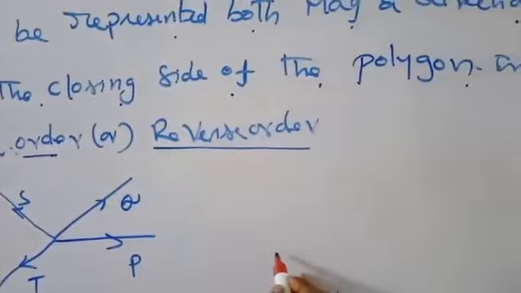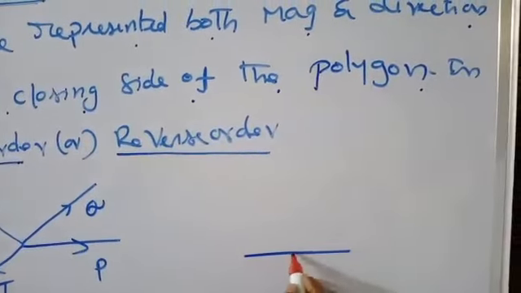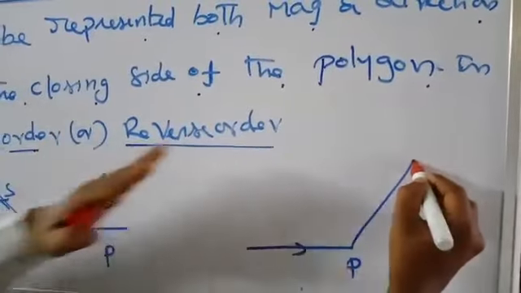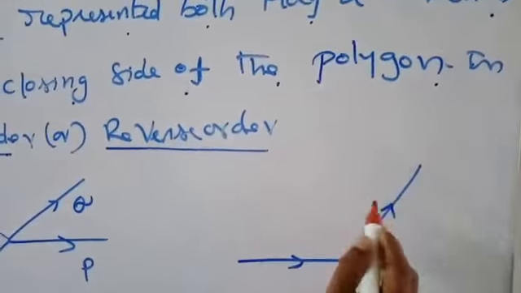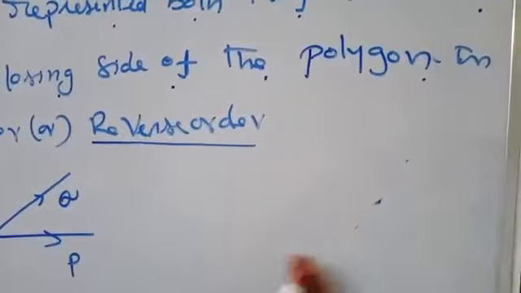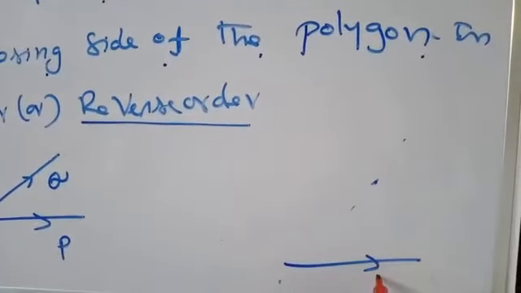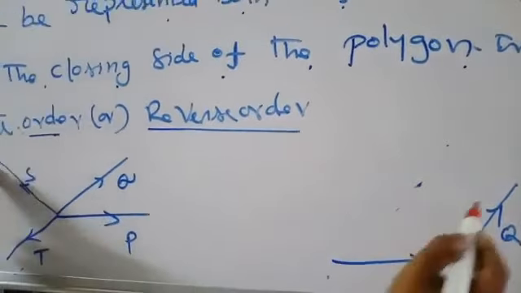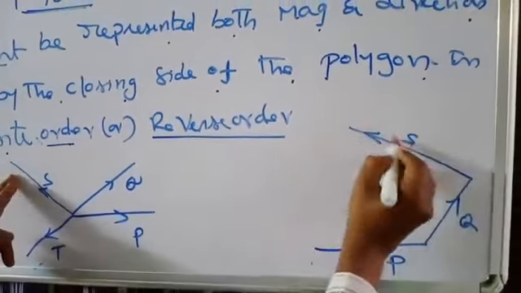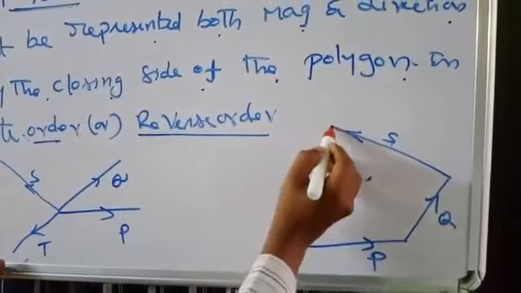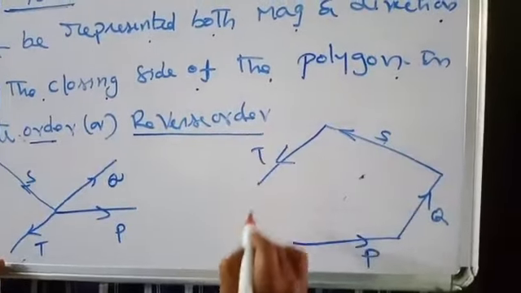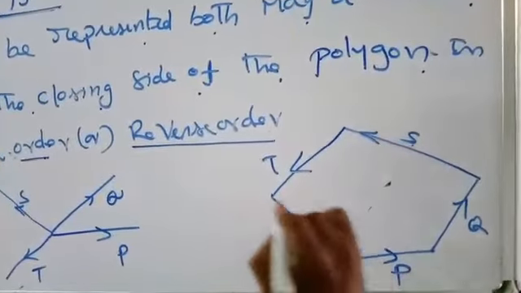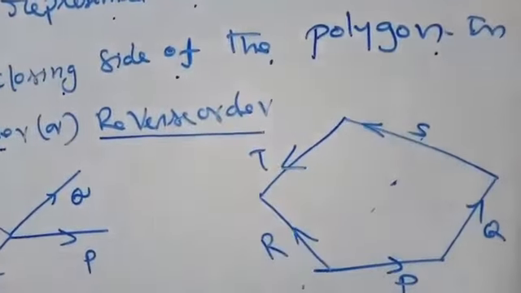By the polygon law, this is the P bar, same direction Q bar, S bar, and T bar, the closing side of the polygon in opposite order. That is the resultant.